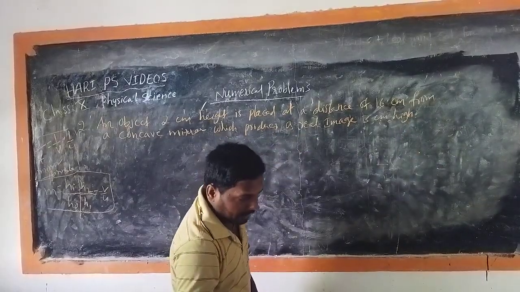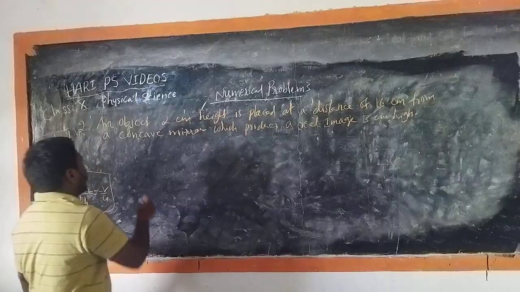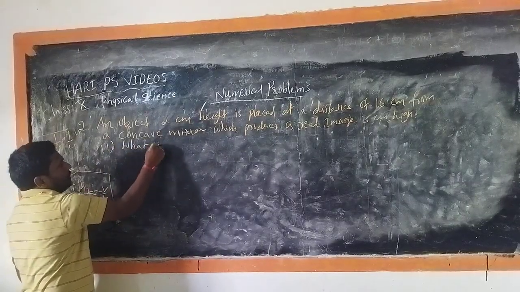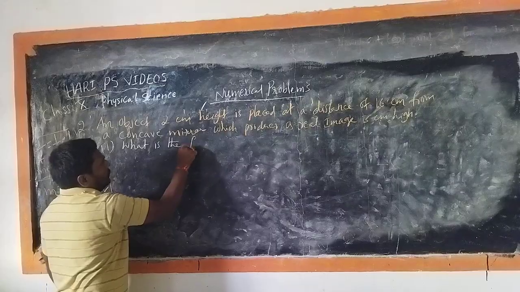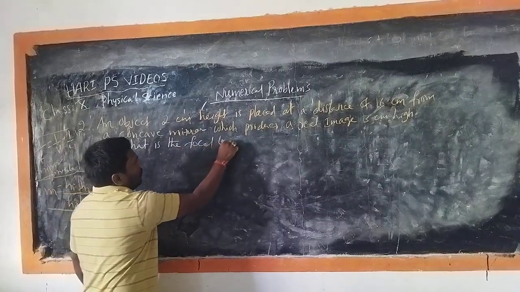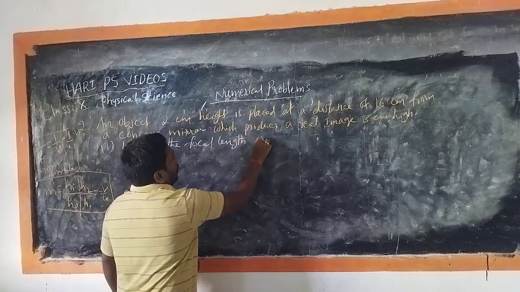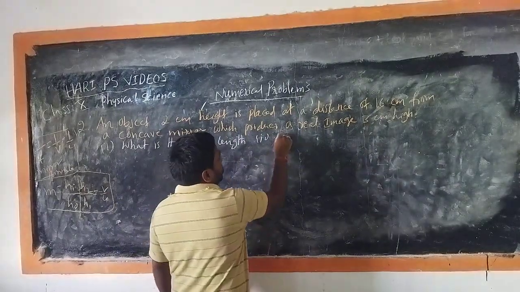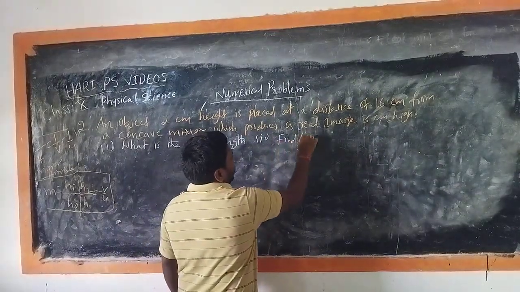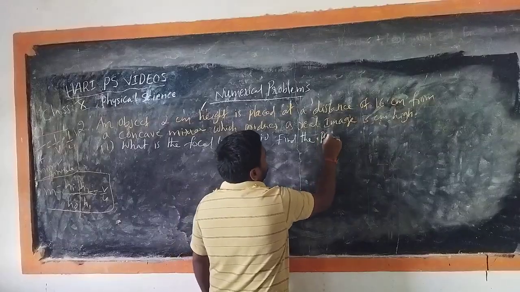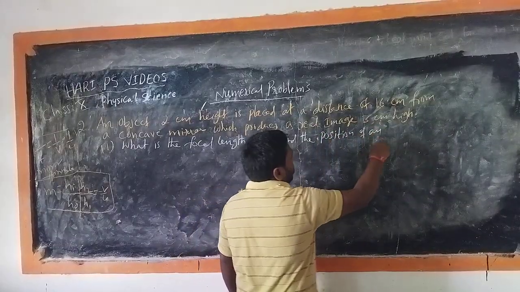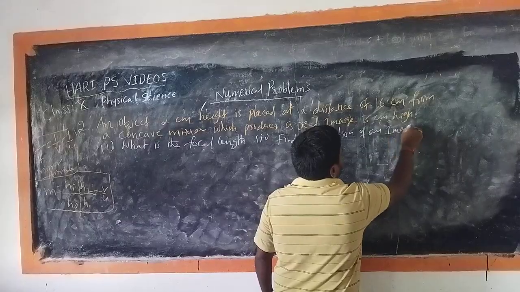Then what do you have to find? What is the focal length? And the second one, find the position of the image.